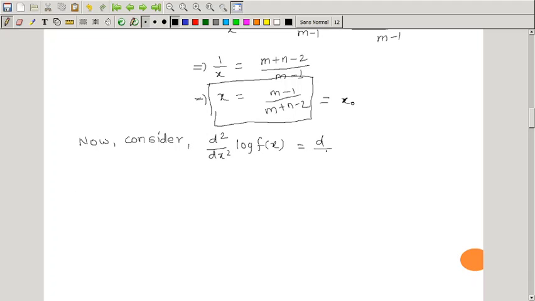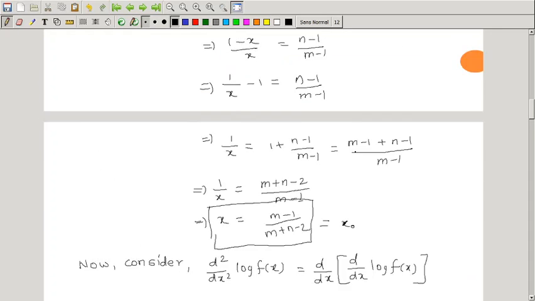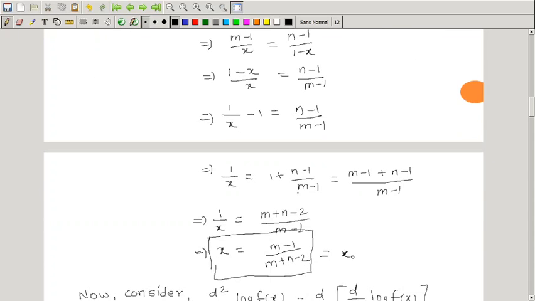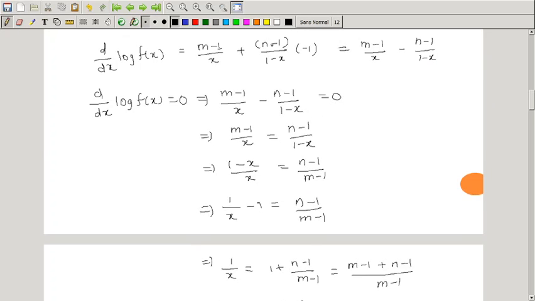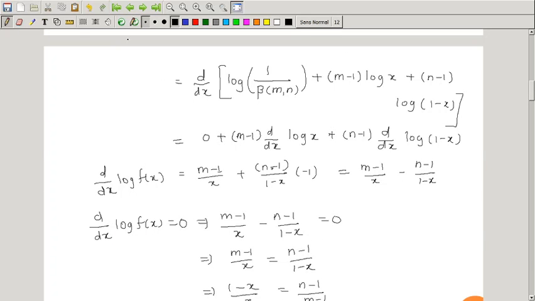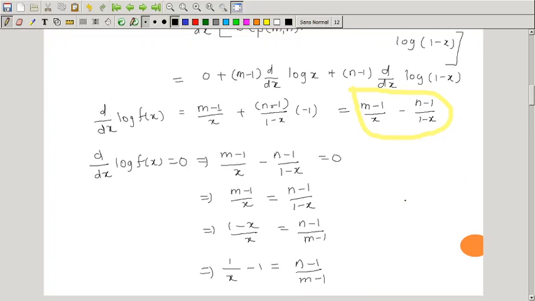That means d/dx of d/dx of log of f of x, and we know that d/dx of log of f of x is this term.